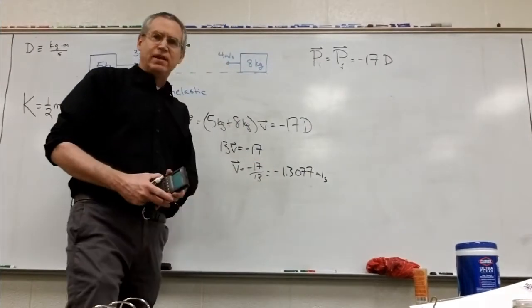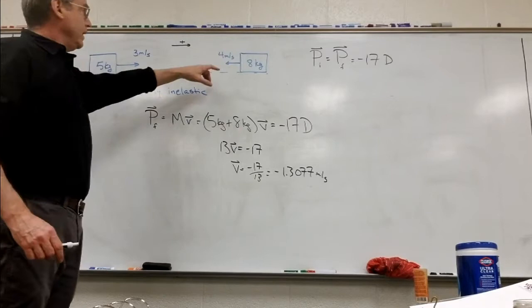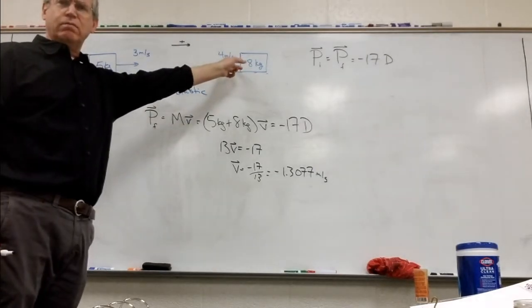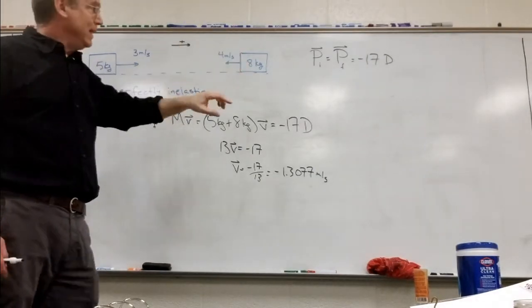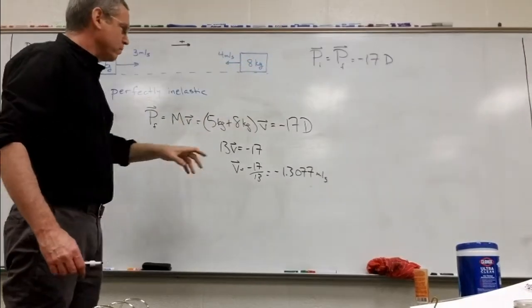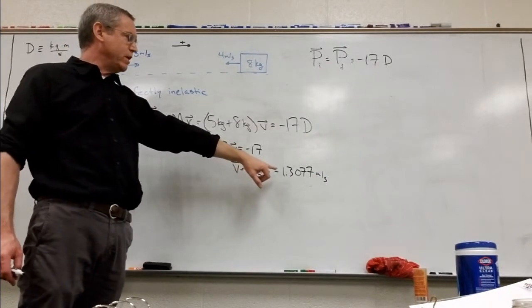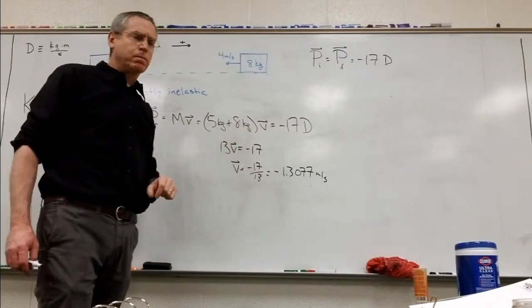The negative indicates that after they collide, they're going to end up going to the left, which makes sense. It is more massive and it has a greater velocity, or more importantly, it has a greater magnitude of momentum, and so this is going to dominate the collision right there. So we have, for the perfectly inelastic collision, negative 1.3077 meters per second.